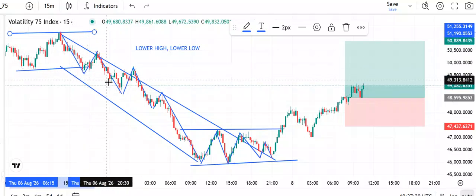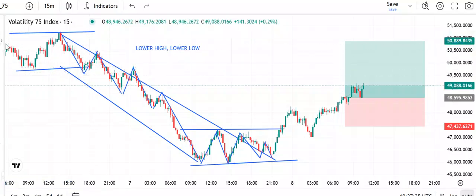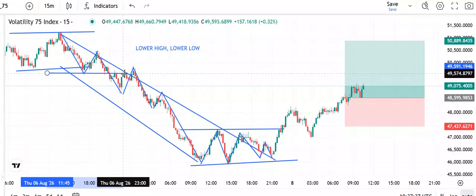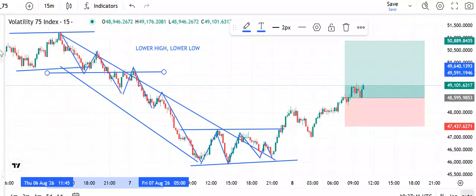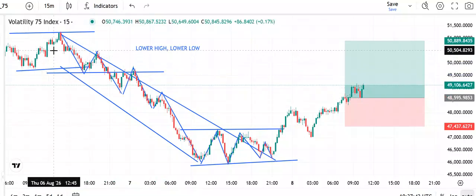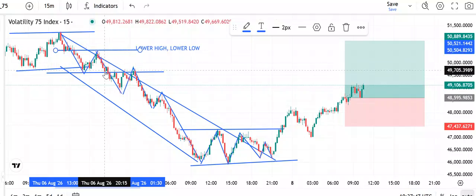But as price breaks out, there's a pullback. So the distance of that very pullback as price breaks out is going to be your stop loss. Okay, from here to here, that will be your stop loss.